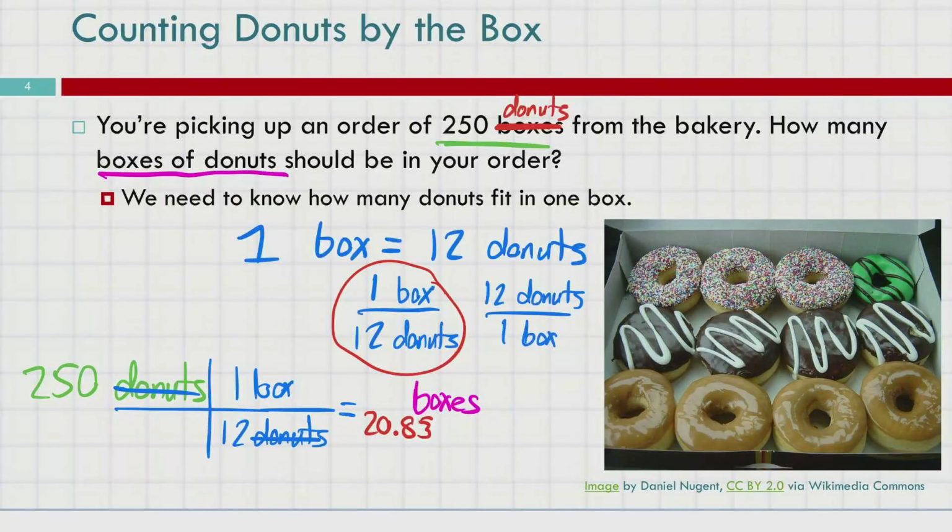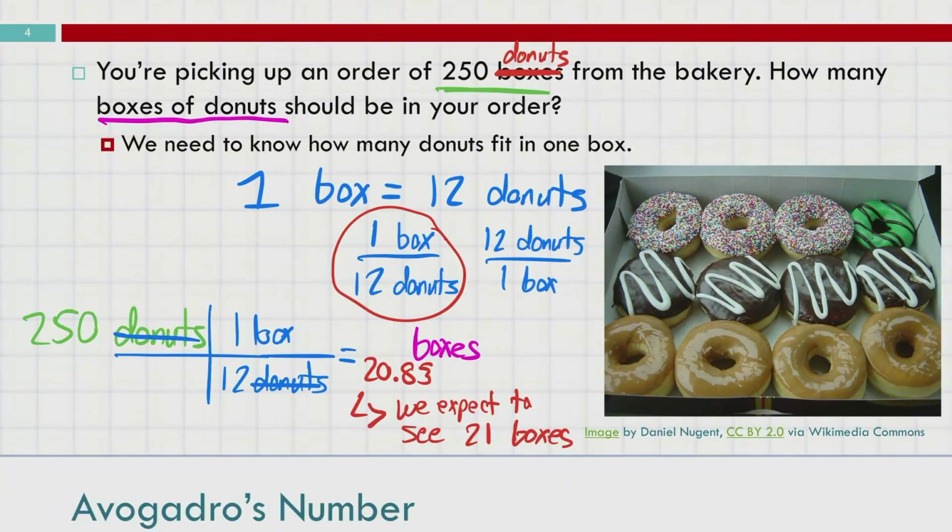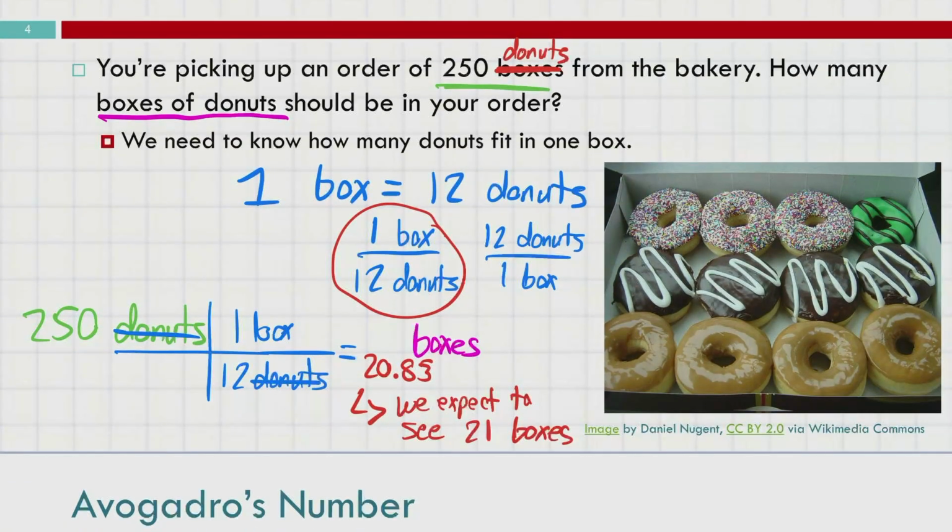Are they going to have part of a box, like they chopped off the end of the box sitting up there on the counter? Probably not. That'd be really weird. The donuts would all slide out. So we would expect to see 21 boxes sitting on the countertop.